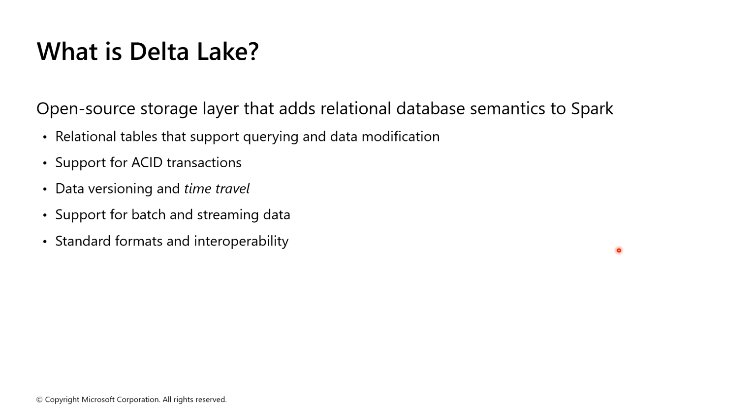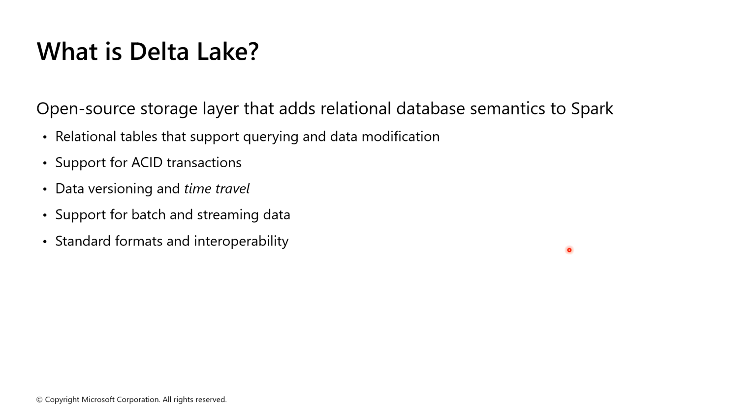The key features are it supports ACID transactions, which helps with reliable data operations, and it also has data versioning where you can track changes over time, and also supports time travel where you can query previous versions, and has schema enforcement, which helps us to validate data structures, and it works with batch and streaming data, and also uses the standard Parquet format.